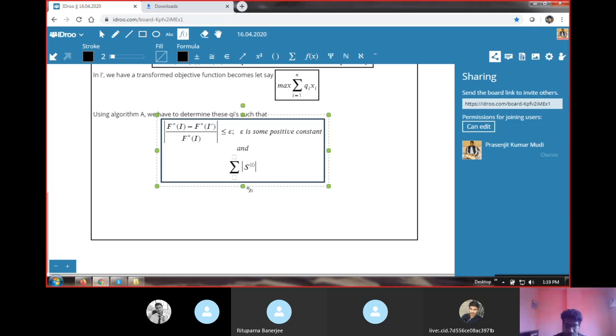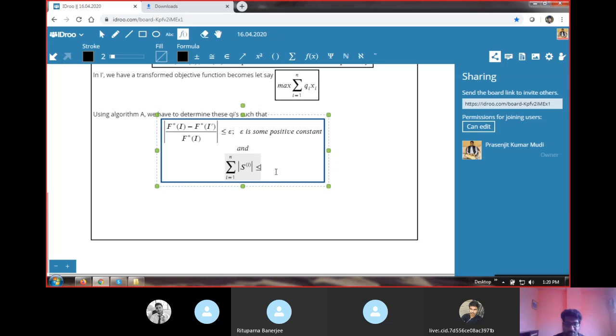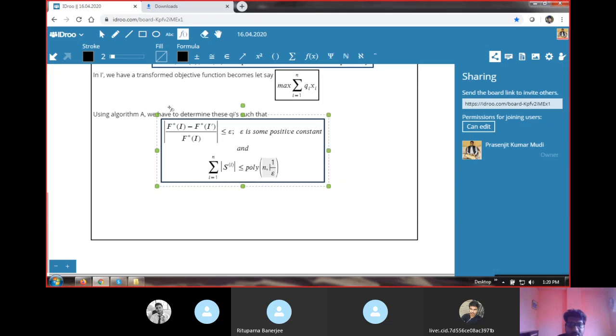So this computational time should be order of some polynomial in n and 1 by epsilon. That is the thing we have to prove.